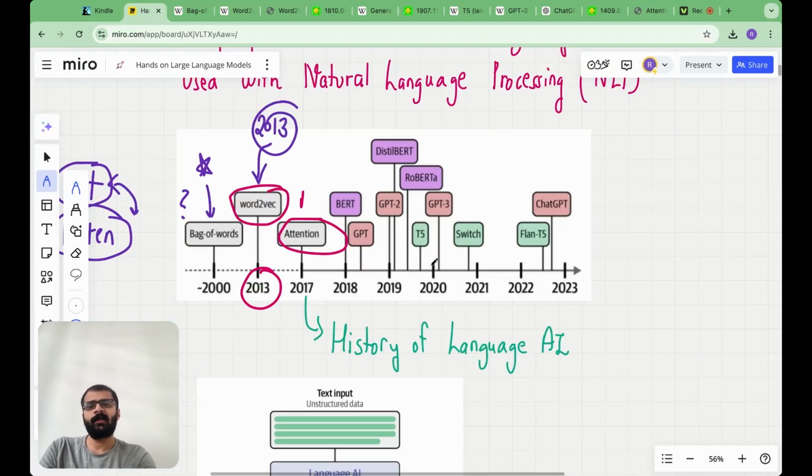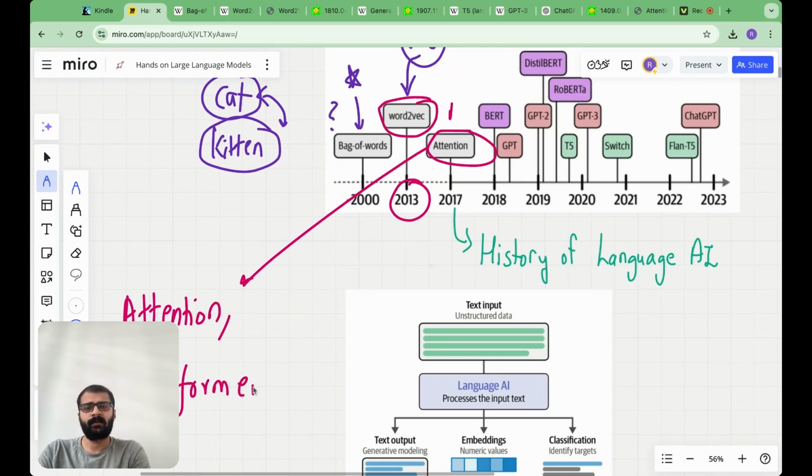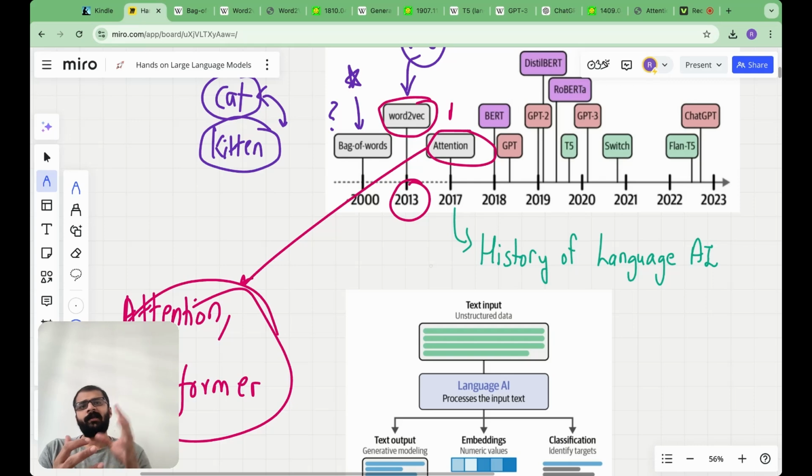So when I have written here 2017 and attention, actually what I should be writing is that attention was introduced in 2014, but what is more important is the transformer architecture. The reason it transformed natural language processing is that multiple transformer blocks could be stacked together, and that made it very easy to build very large models.